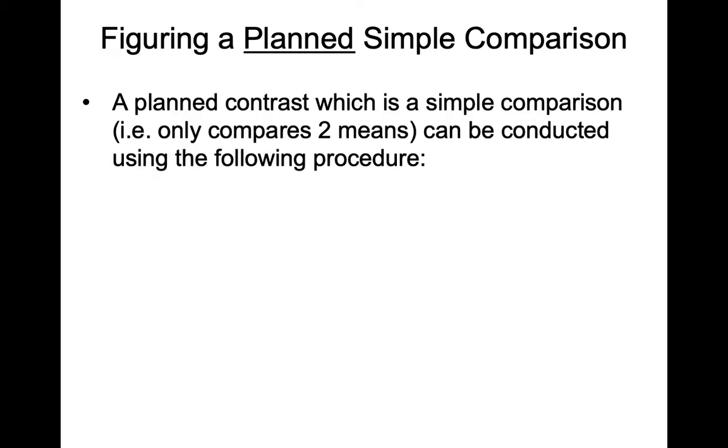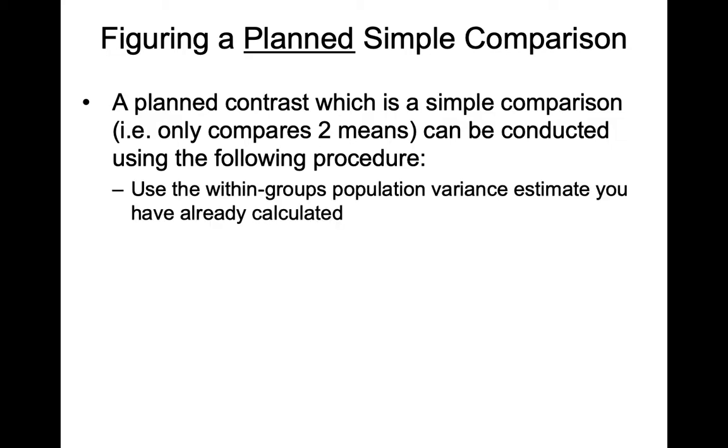So, how do we do that? Okay, so again, recall that a planned, and I use contrast and comparison interchangeably, they're the same. A planned contrast, which is a simple comparison, which only compares 2 means, can be conducted using the following procedure.